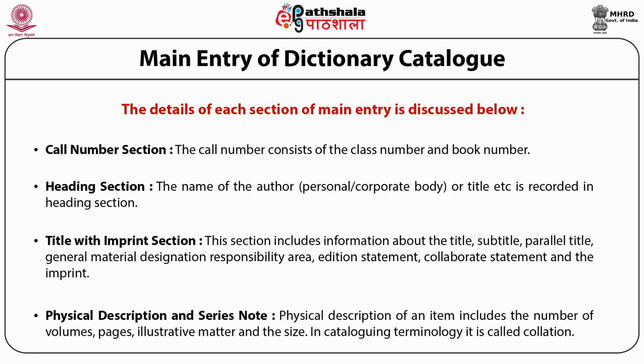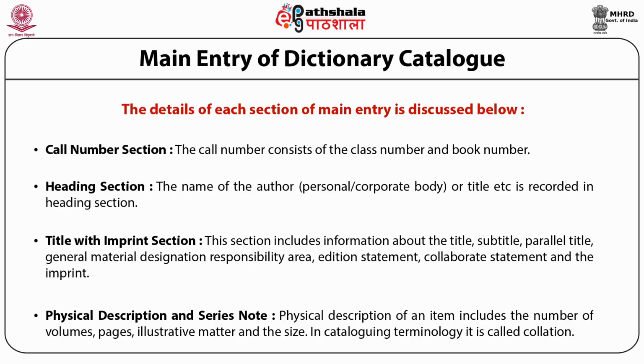The preliminary pages are recorded in Roman small numerals and text pages in Indo-Arabic numerals followed by small p, indicating pages. The page number is followed by a full stop and a colon. Following this, the information about the illustration is indicated by ill. And lastly, the size of the book, that is the height of the book in centimeters, is recorded.